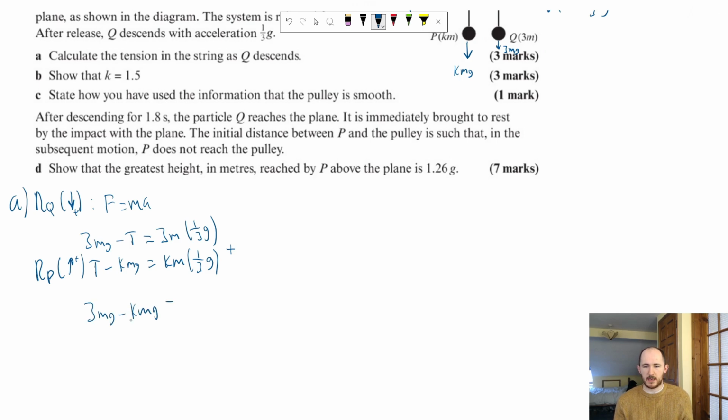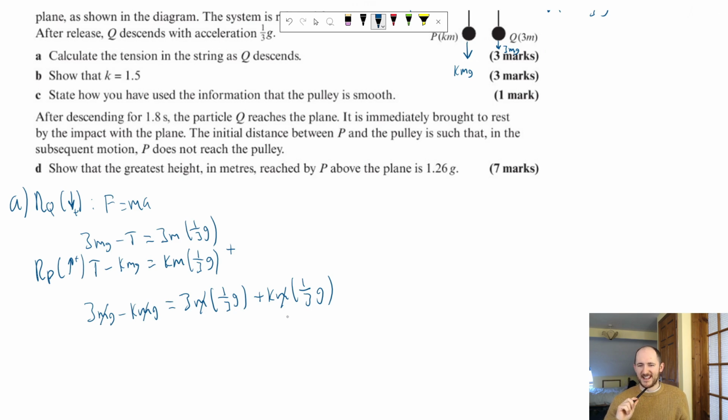I know what you're screaming: but sir, aren't there three unknowns? You're a very clever person. There are three unknowns, but I'm going to show you why I don't care. And this, again, is why you should just do it. Because there's m in every single term, I can divide everything by m. Now, there's only one unknown.